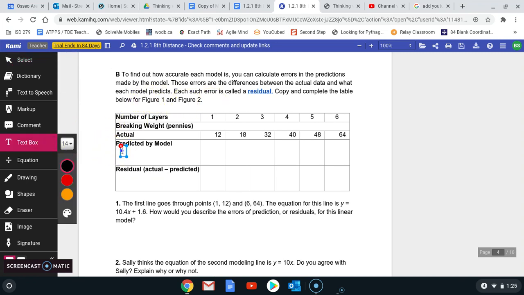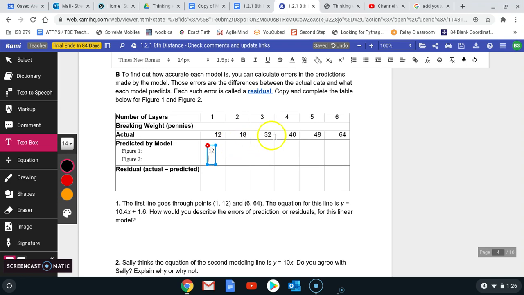I might put in a text box and start with figure 1 and then enter and put in figure 2. Now in my sections over here, I can look and see in figure 1, I know that one was predicted 12 because it went through the point.